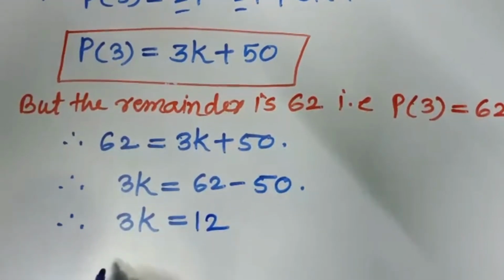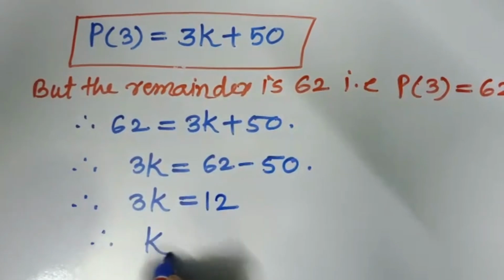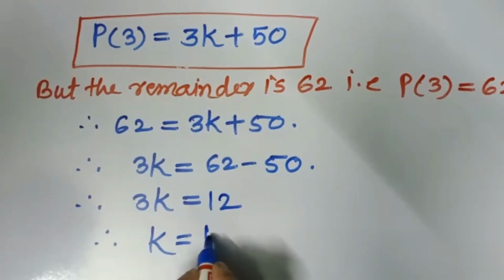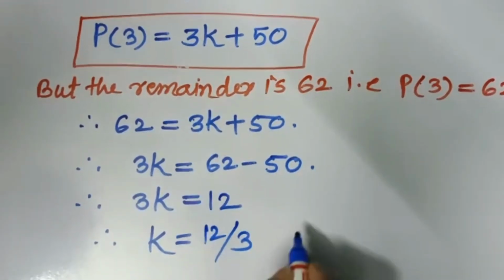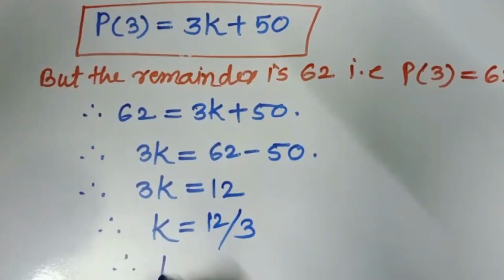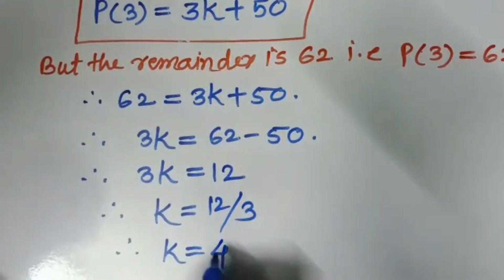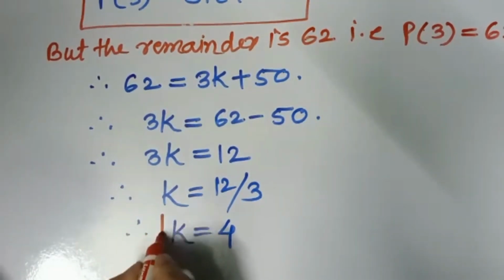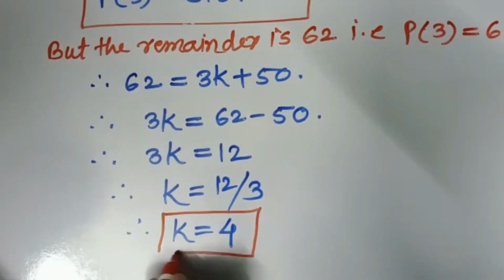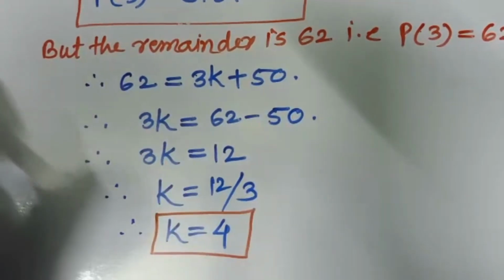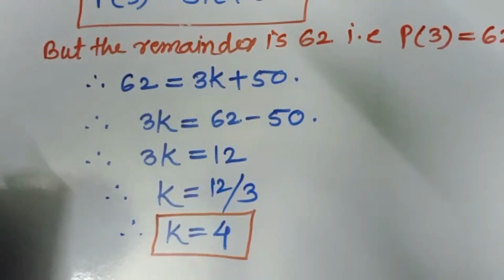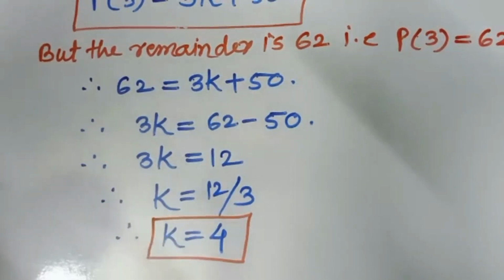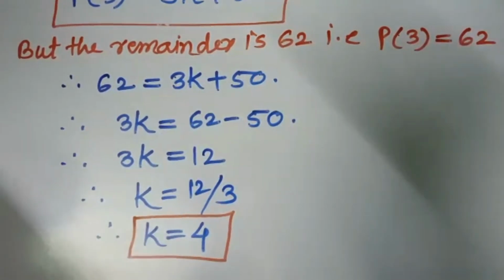Okay. Now write therefore k is equal to, now we will find the value of k, that is 12 divided by 3. So write therefore k is equal to 3 4s are 12. So the value of k is 4. Understood? So in this way you can find the value of any other variable which is given in that polynomial if the remainder is given.